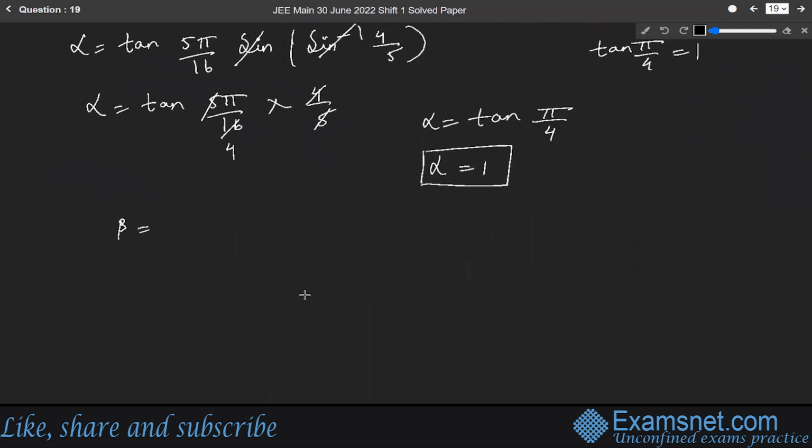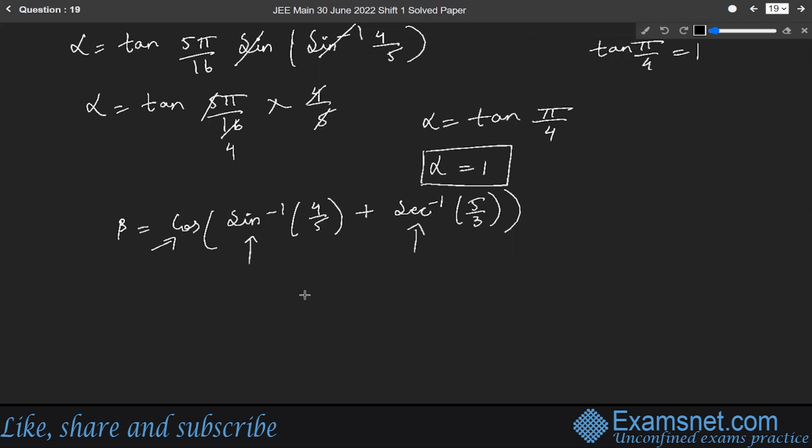All right, here you can see that one inverse trigonometric function is sine inverse and another is sec inverse, and outside there is cos. So let us do one thing. Let us transform the inverse trigonometric functions that are present inside the bracket into the form of cos. All right. So firstly, sine inverse 4 by 5.